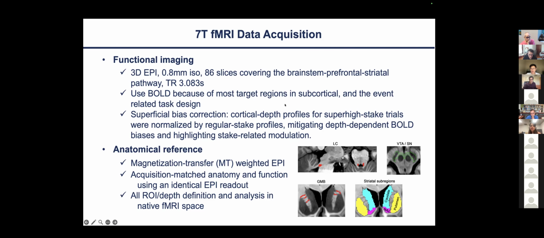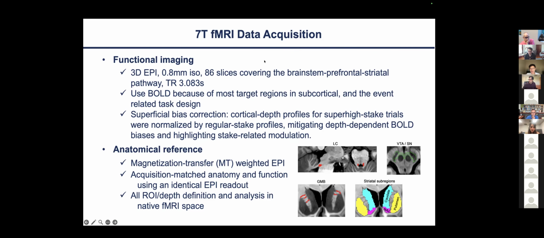And we have a question from David Feinberg. How did you validate normalization of super high stake by regular stake profiles for vein bias? We saw in some previous studies they also did this kind of normalization to reduce this superficial bias. We didn't do anything special, for example, to validate this.